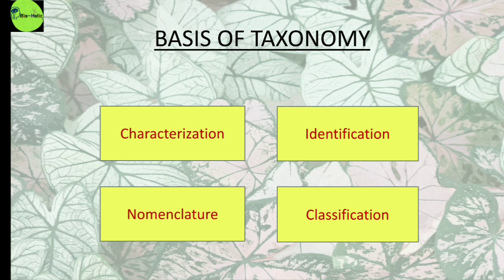Here we have to classify the individual on the basis of those characteristics and put it in the convenient category. And the last is nomenclature. Now we have to give a name to that particular individual according to binomial nomenclature, which I will discuss in later classes.